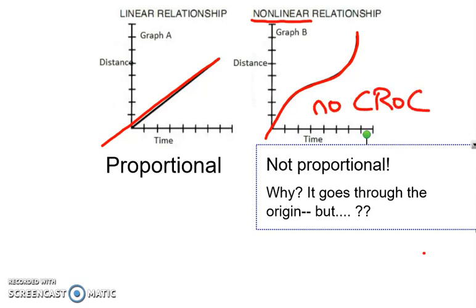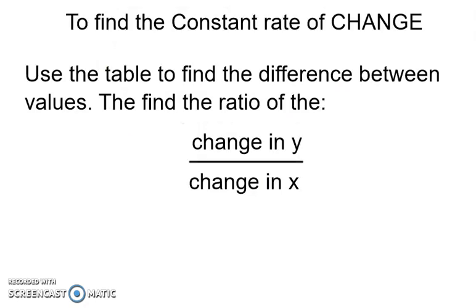What that means is, is it staying the same steepness the whole length of the line? No, this is getting steeper and then flatter and then steeper again. So this has no constant rate of change. It's not proportional and it is non-linear. I just wanted to show you that just because it goes through the origin does not mean it's going to be proportional.